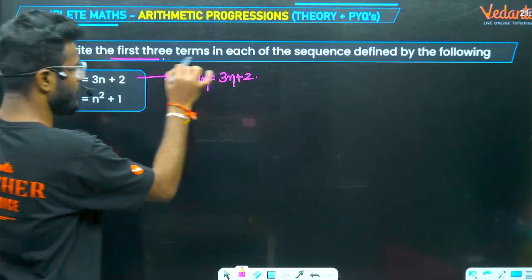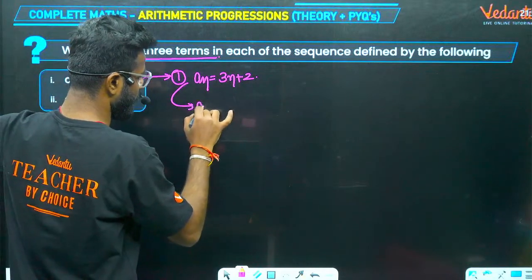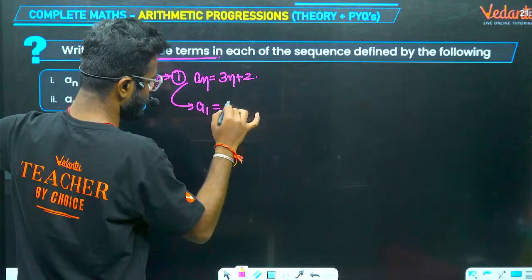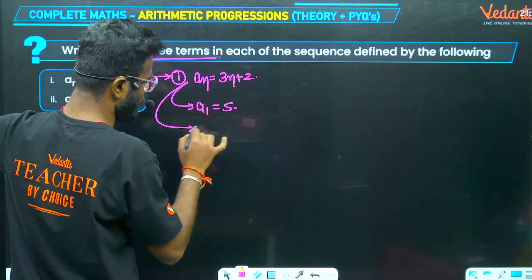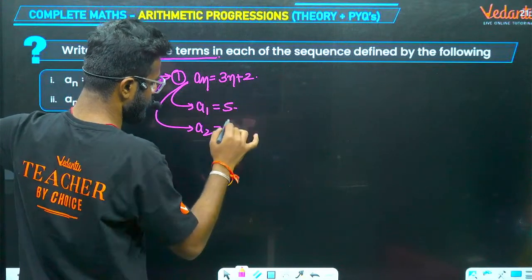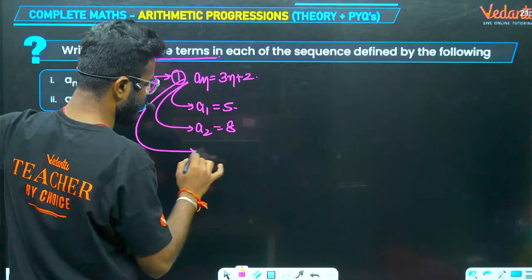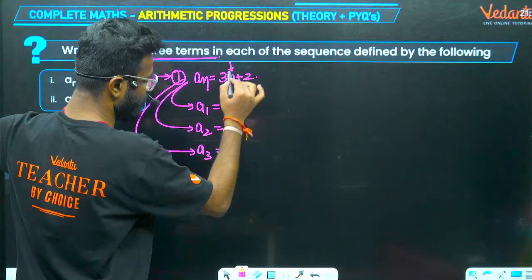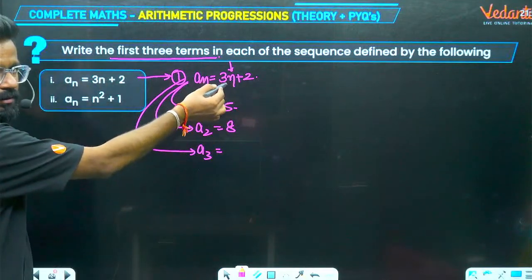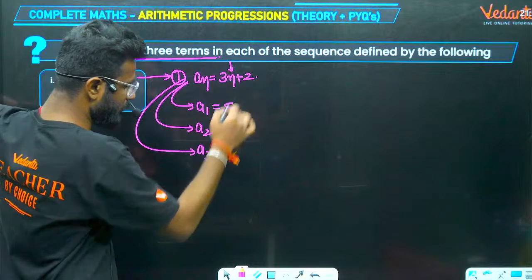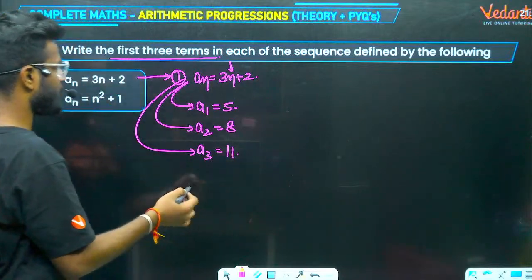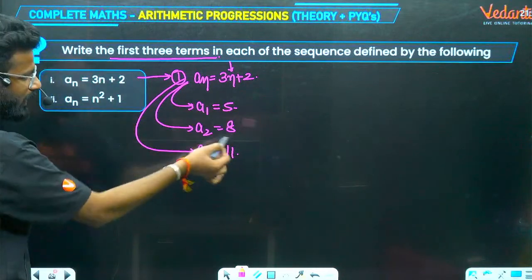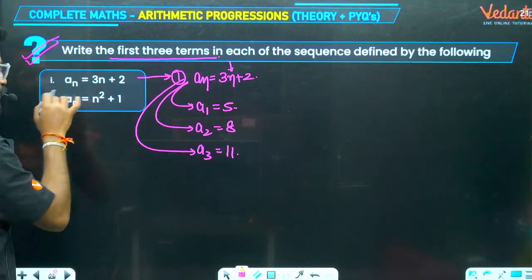Then for the first 3 terms, a1: 3 ones are 3 plus 2, 5. a2: 3 twos are 6 plus 2, 8. And a3: 3 threes are 9, plus 2, 11. We just simply put the values of n. So 3 terms are 5, 8 and 11. Homework.